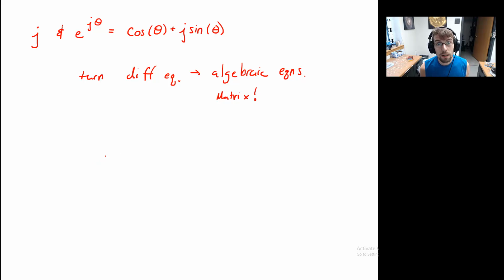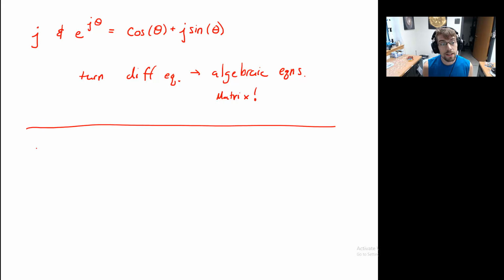The small penalty for that is that we're going to have to develop some ideas about complex analysis, or complex algebra if you prefer. In other words, how do we do algebra that contains complex numbers? So that's where we're going to go.